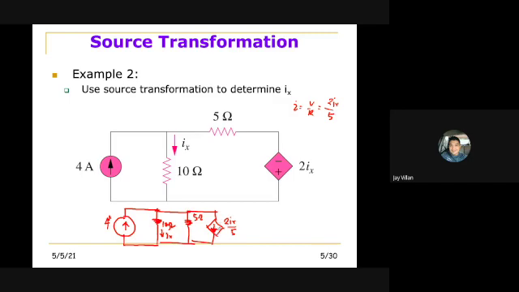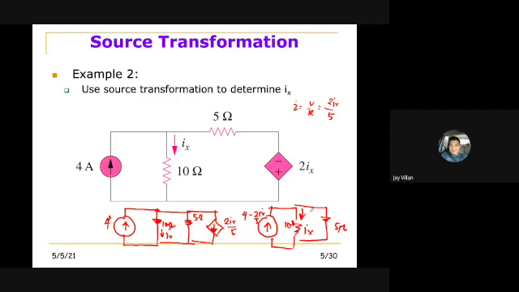So that becomes a combined current of 4 minus 2Ix over 5. With this one here as your Ix, this is 10 ohms, and this is 5 ohms.